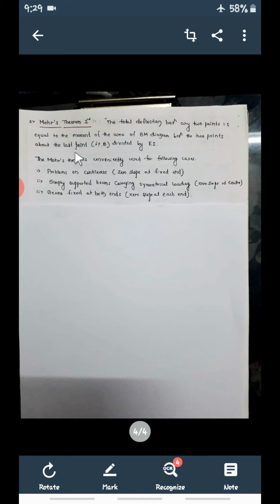If we want to calculate the deflection at B, then from the point B you measure x bar up to the centroid of the bending moment diagram, divided by EI.